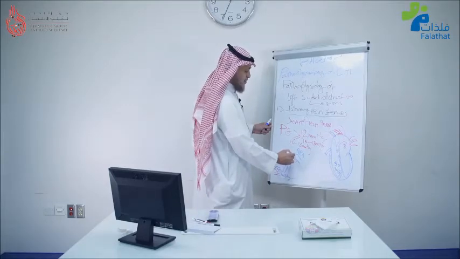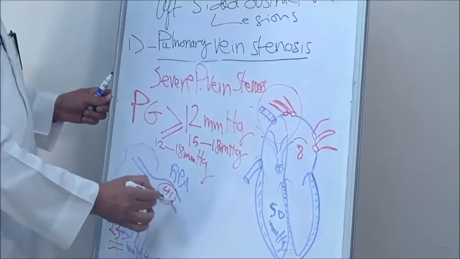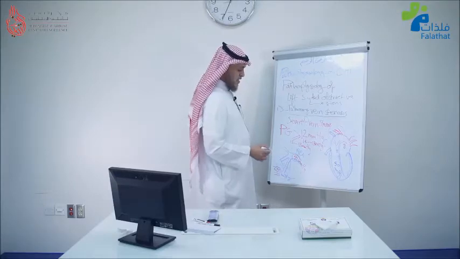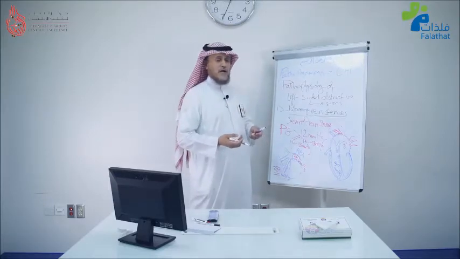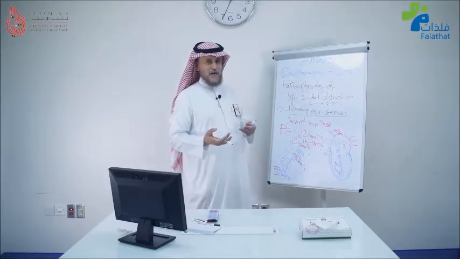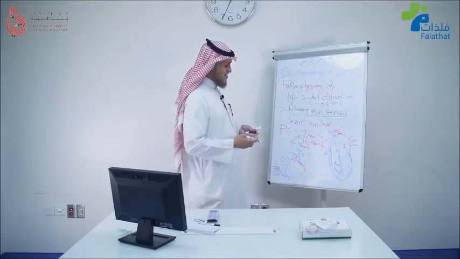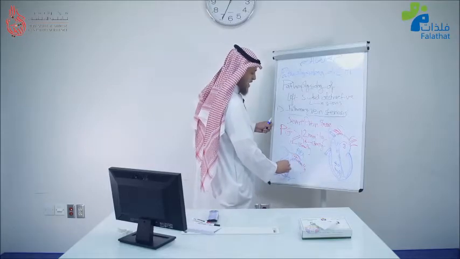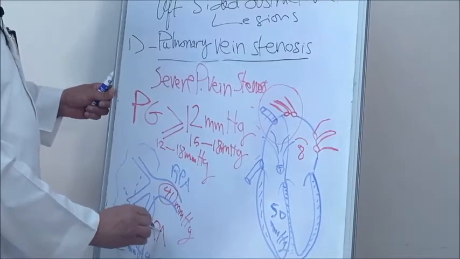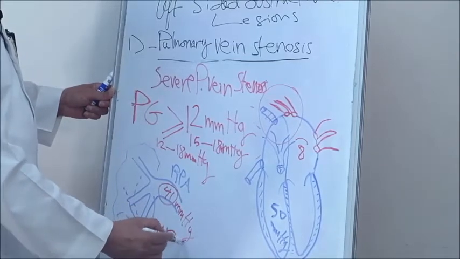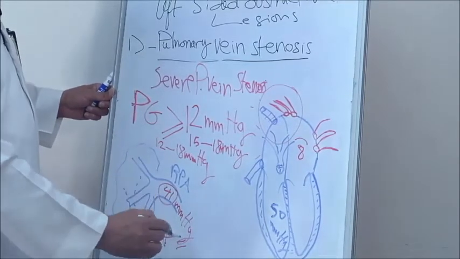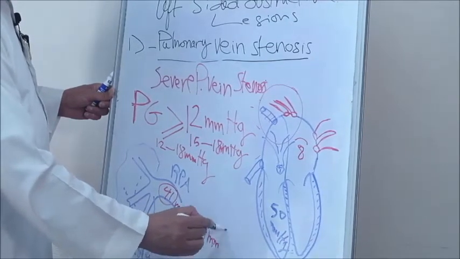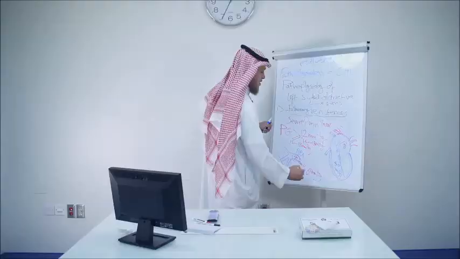If the mean here becomes 41 millimeters of mercury, and we assume a difference from the mean of around 20 to 30, if we just take 20, then the systolic PA pressure in such a situation will equal 20 plus 41, that's 61 millimeters of mercury.